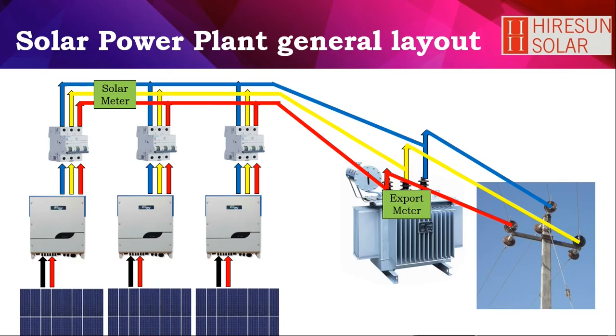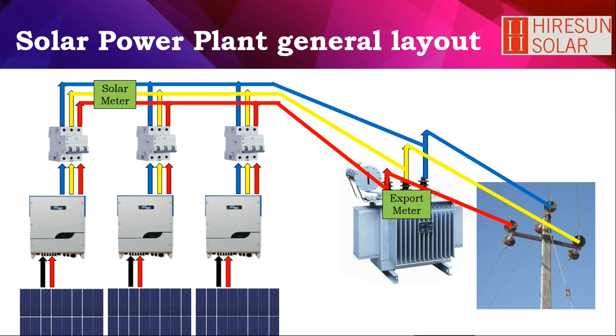So, if you start with the solar power plant general layout, we are having a number of panels that are to be connected in series and parallel configuration that could be matched with the inverter voltage and current, and this DC power is converted into 3-phase AC power with a suitable amount of protection devices like MCCB or other protection devices.